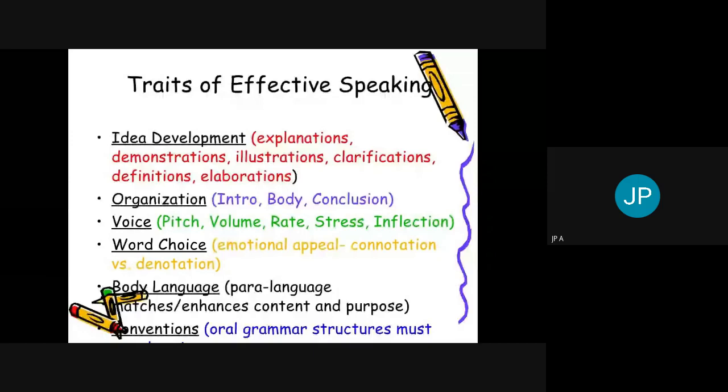That is how we can make a speech interesting.